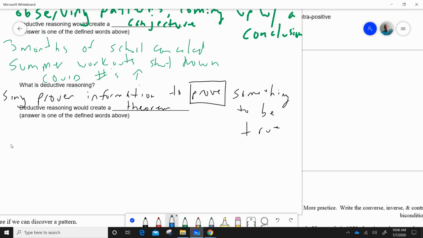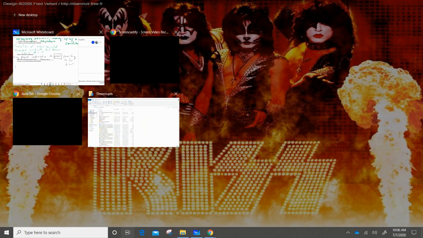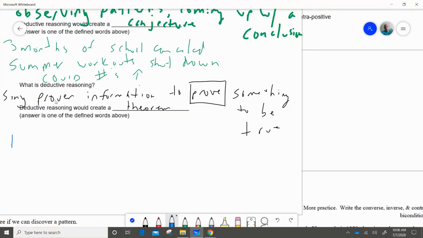So let's say we have a couple different scenarios that we know are true. Let's say we have two true statements. The first true statement is Jimmy has $5.